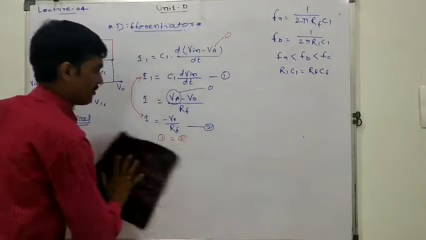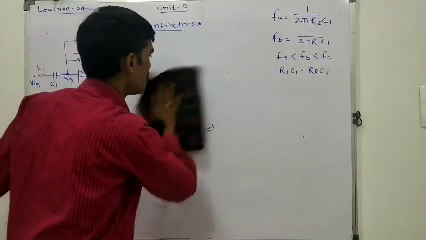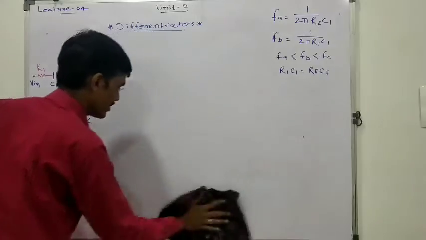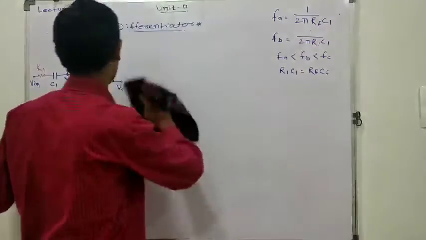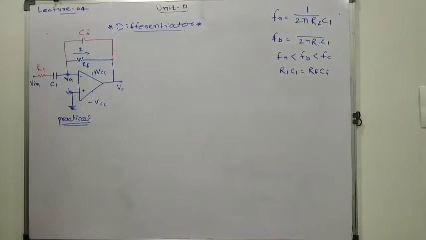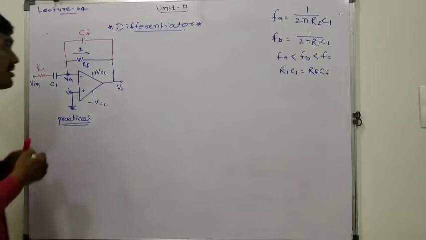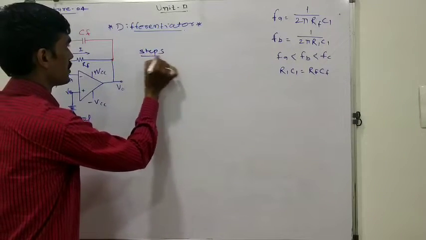Whatever problem we have to solve is based on the practical differentiator. Now there are some steps to solve the practical differentiator circuit. Let us start with the steps for designing a practical differentiator.